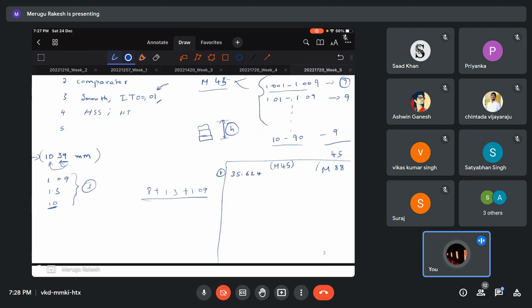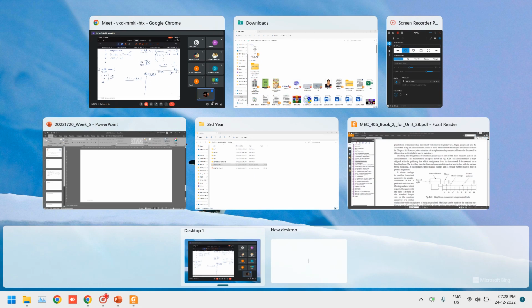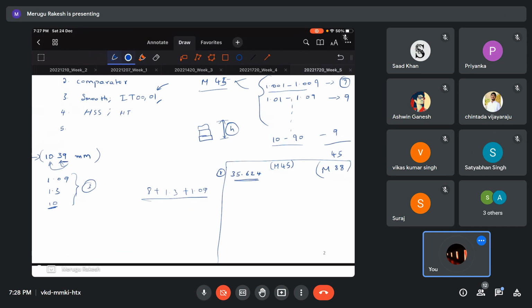So how many slip gauges should I use to get this size? Five. Yes, sir. Okay, nice.